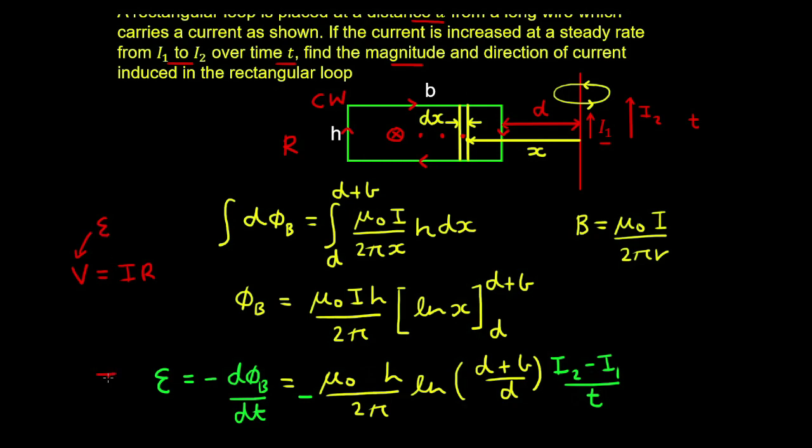So we have the current is equal to the electromotive force on the resistance of the loop of wire. So we'll just divide this expression by R, and we can take the absolute value to get the magnitude of the current.